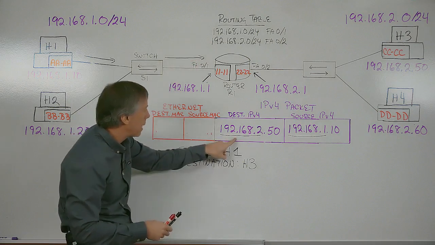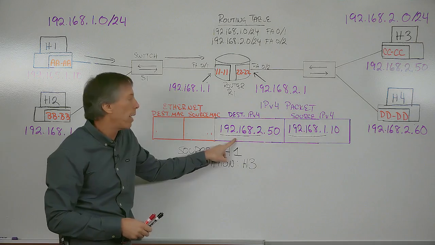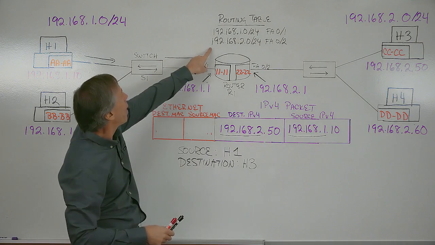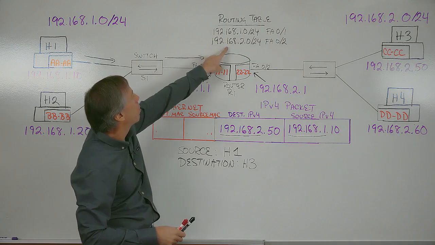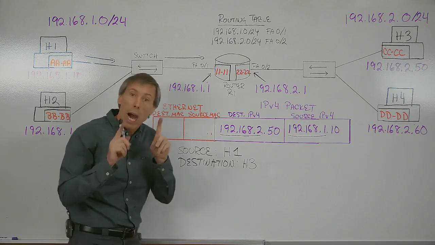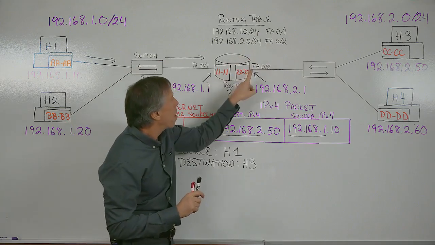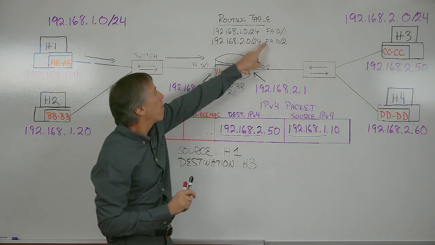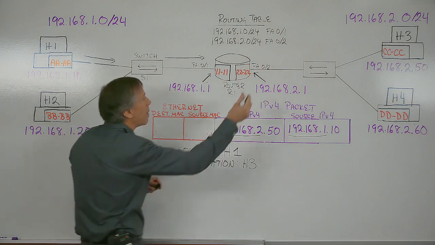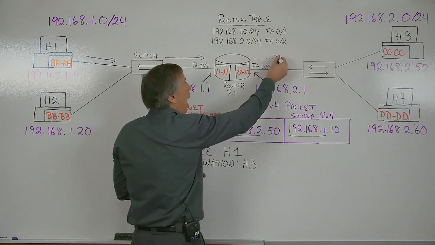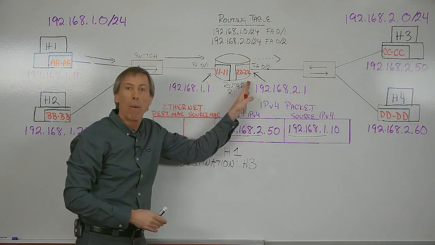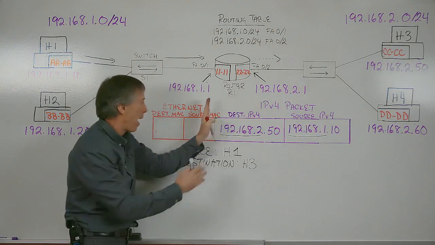It says, okay, this destination IPv4 address, 192.168.2.50, oh, that's a member of the 192.168.2.0 network in my routing table. I can reach that network by sending the packet out FastEthernet 0/2. So it wants to send this packet out this interface, and it's going to encapsulate it now in a new Ethernet frame.